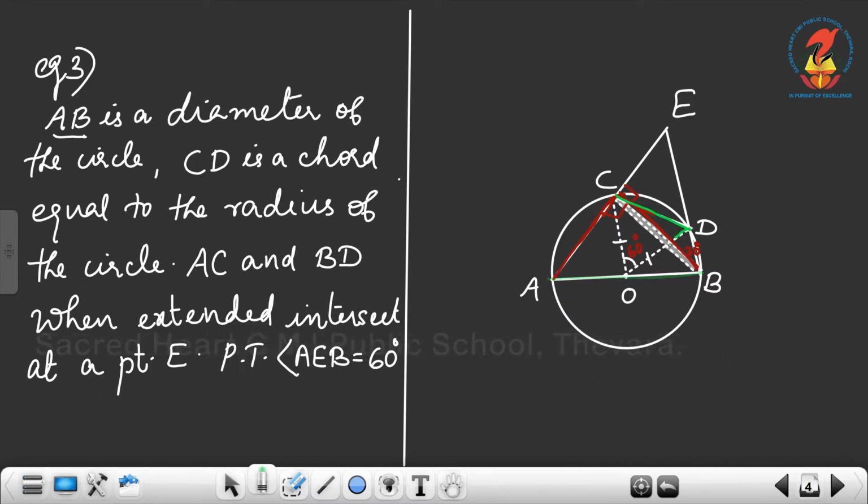CD is equal to the radius means all these are radius. AC and BD when extended intersect at E. What you have to prove is angle AEB is 60 degrees.